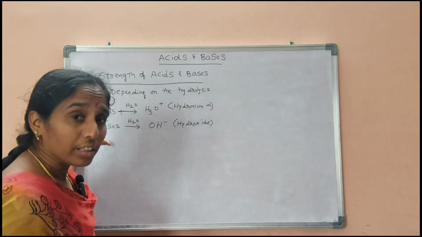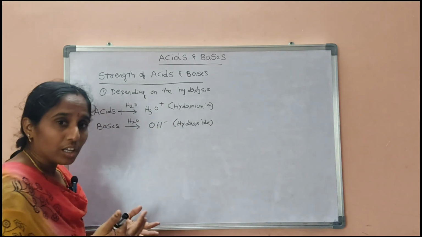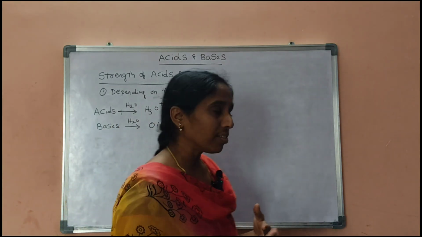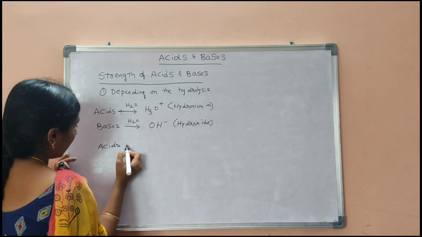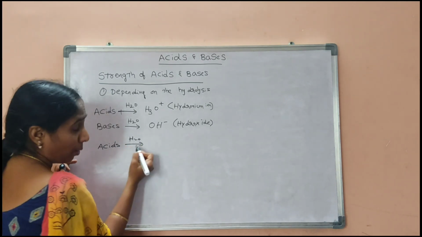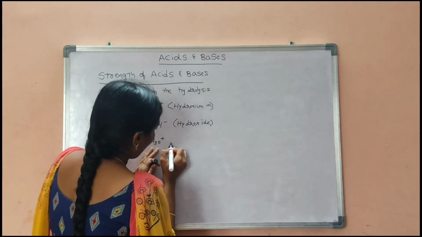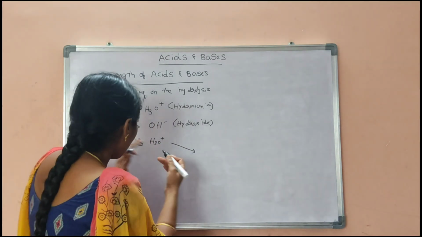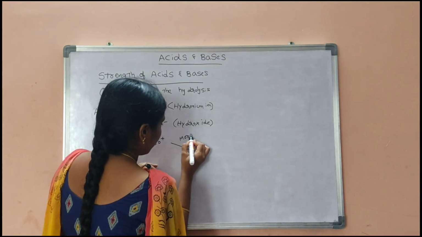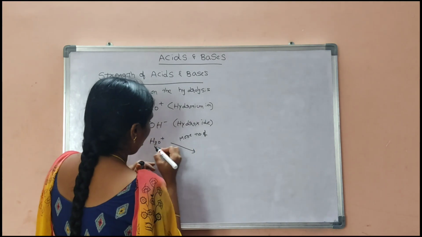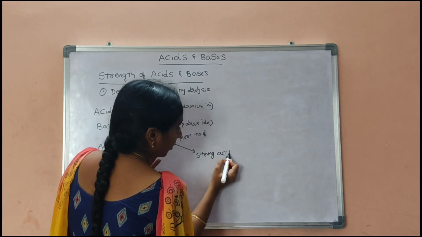Okay? Depending on the number of hydronium ions and hydroxide ions, you say the strength of acids and bases. For example, acids react with water to form hydronium ion. The acids which produce more number of hydronium ions are called strong acids.